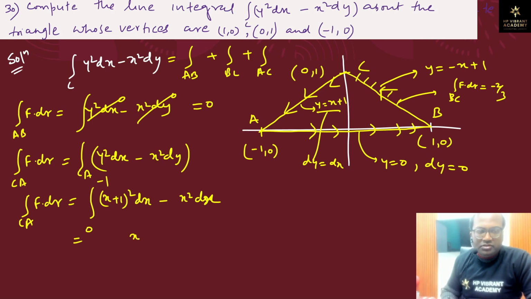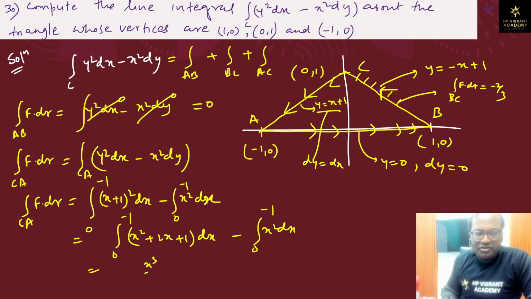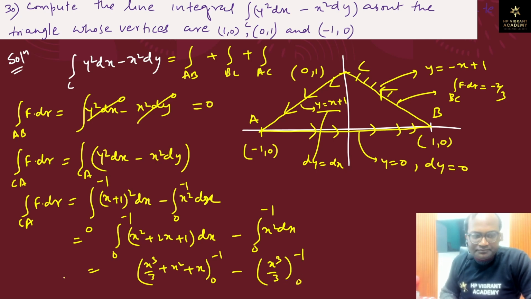So this is x square plus 2x plus 1 into dx minus x square dx, 0 to minus 1. This is x cube by 3 plus x square plus x, limit 0 to minus 1, minus x cube by 3, limit 0 to minus 1.